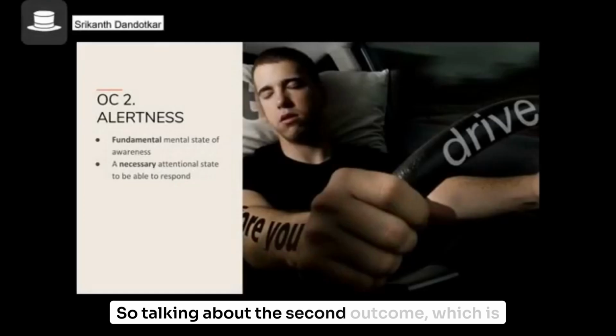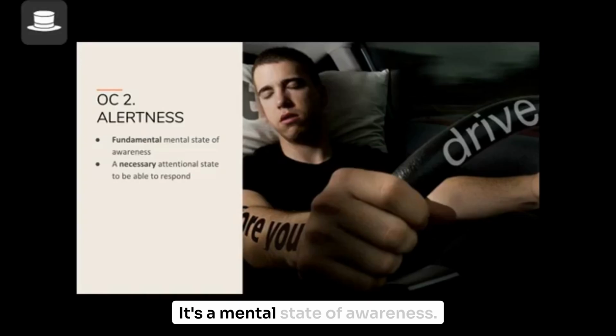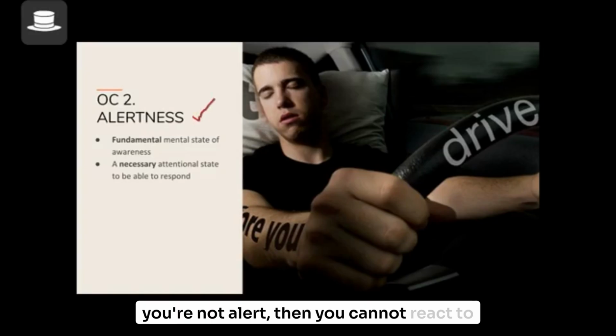So talking about the second outcome, which is one of the three meanings of attention system one, which is alertness or arousal. So keep in mind that this alertness or arousal is a basic, fundamental attentional state. It's a mental state of awareness. And if you're not aware, in other words, if you're not alert, then you cannot react to the changes in the environment.